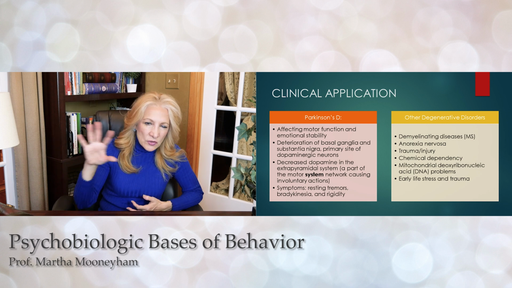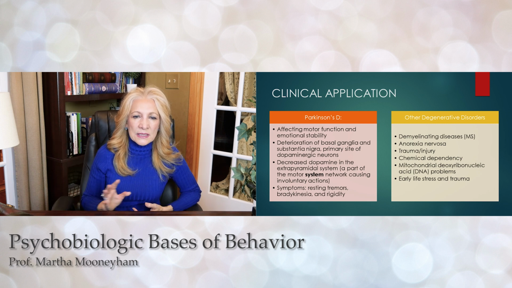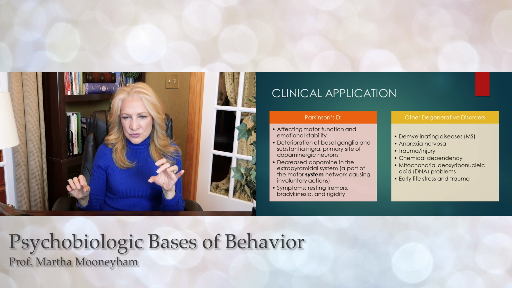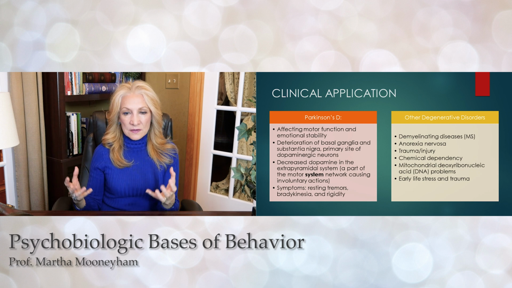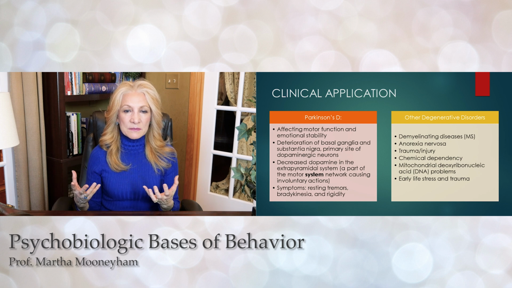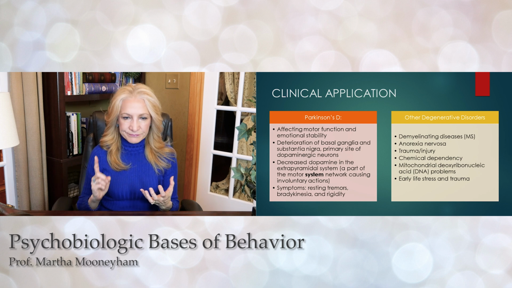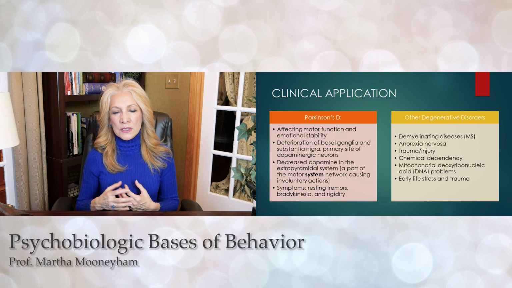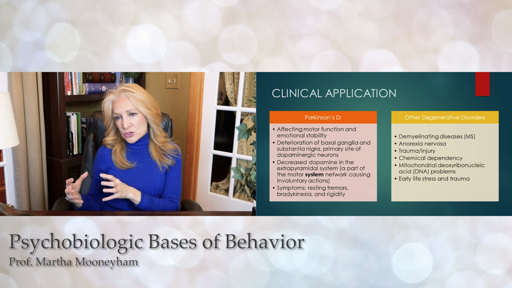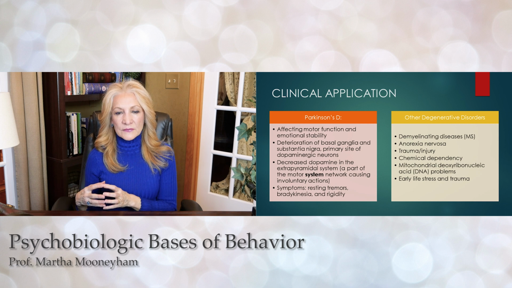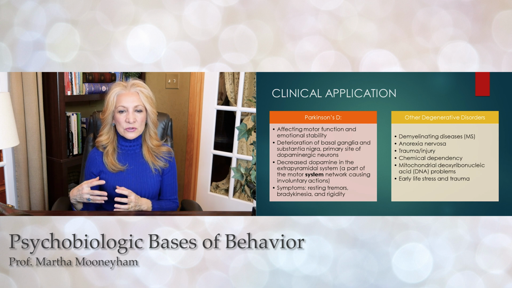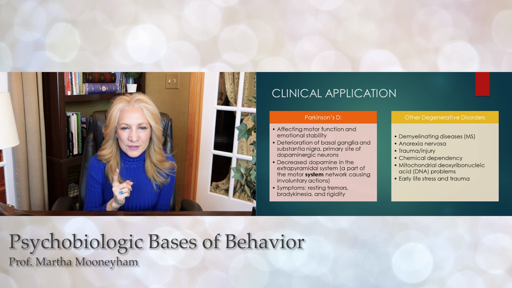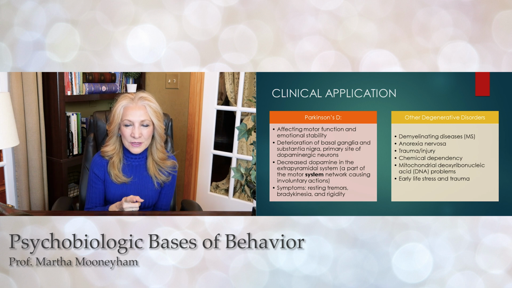And then we have other degenerative disorders like the demyelinating diseases, where the myelin sheath of the axons of the neurons basically deteriorate and die. Anorexia nervosa is another one. When you have trauma or injury to the brain, chemical dependency. Mitochondrial, that's the word that I was forgetting in the beginning of the lecture.